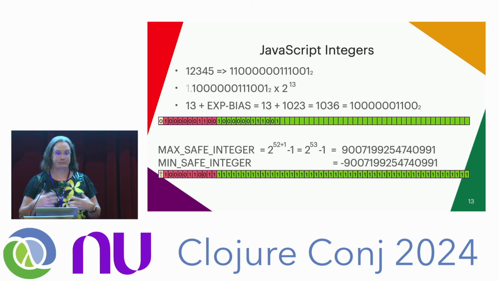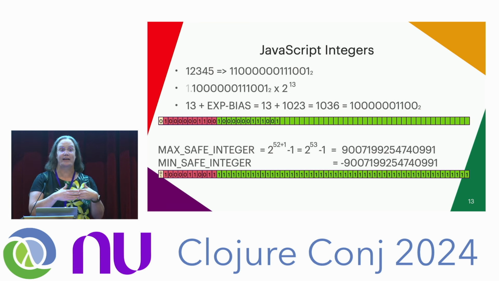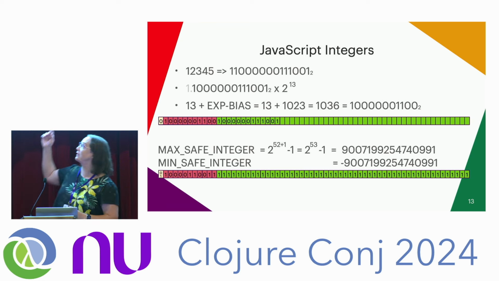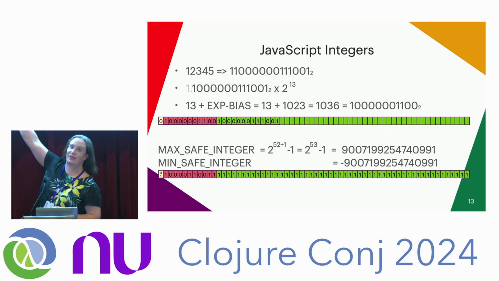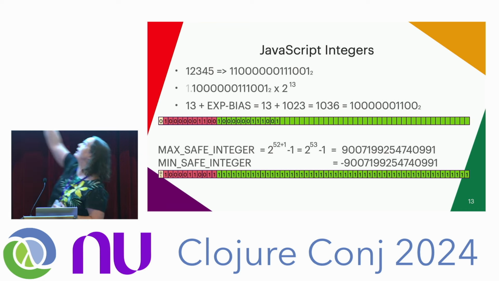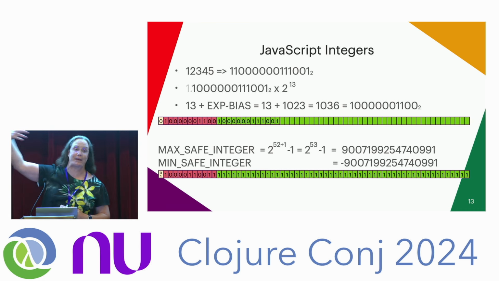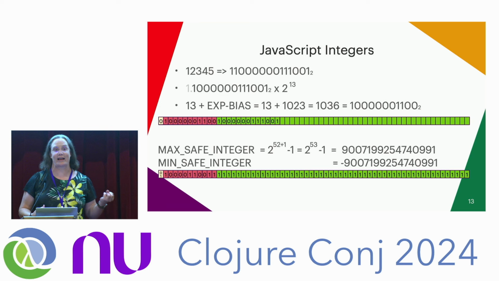But this structure is what leads to the maximum safe int and the minimum safe int in JavaScript. If you try to go any higher or any lower, then the exponent has to go up 1, and there's no extra digits that we can put on the back, and so we're going to lose those last bits of information.